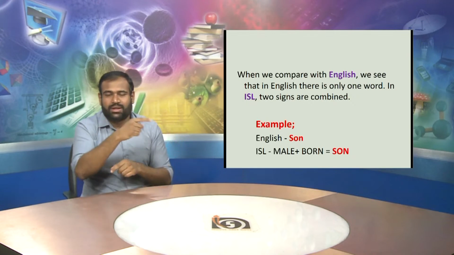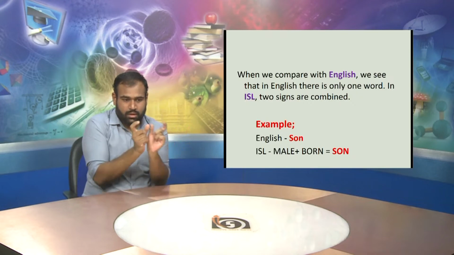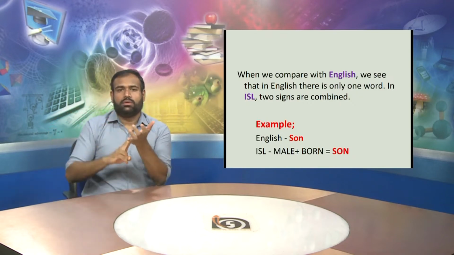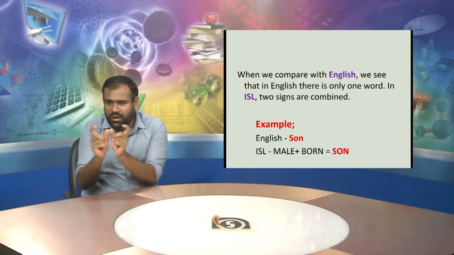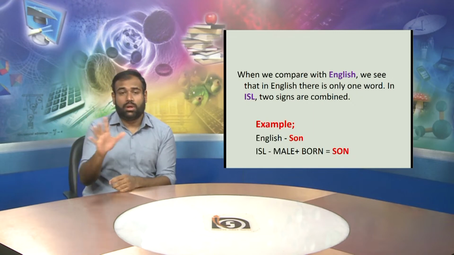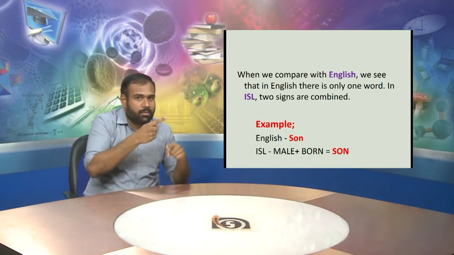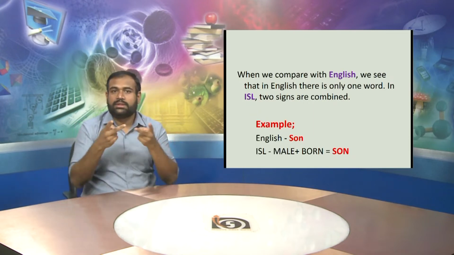For example, in English we only say son, but in ISL we have two signs, male and born. Together they make one sign that means son. So you have to understand this important uniqueness of ISL.